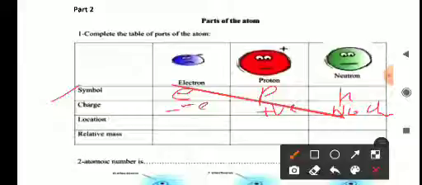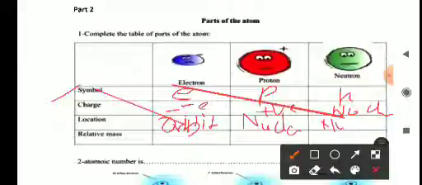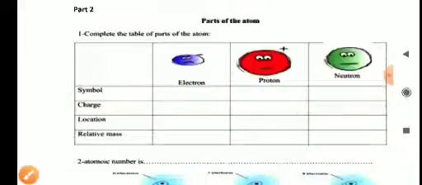Location: electron in orbit, proton in the nucleus, neutron also present in the nucleus. Relative mass: 1, 1 and 1. So these are the terms which are filled here.